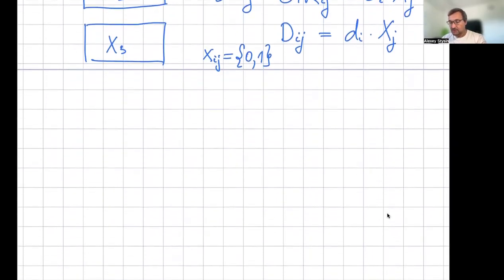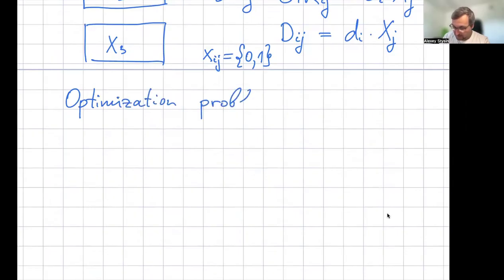Now we want to start formulating the optimization problem that we want to solve. And the optimization problem is going to look like this. We want to maximize the expected revenue, or sometimes it is called value. We want to maximize this value over all allocation variables in all auctions.